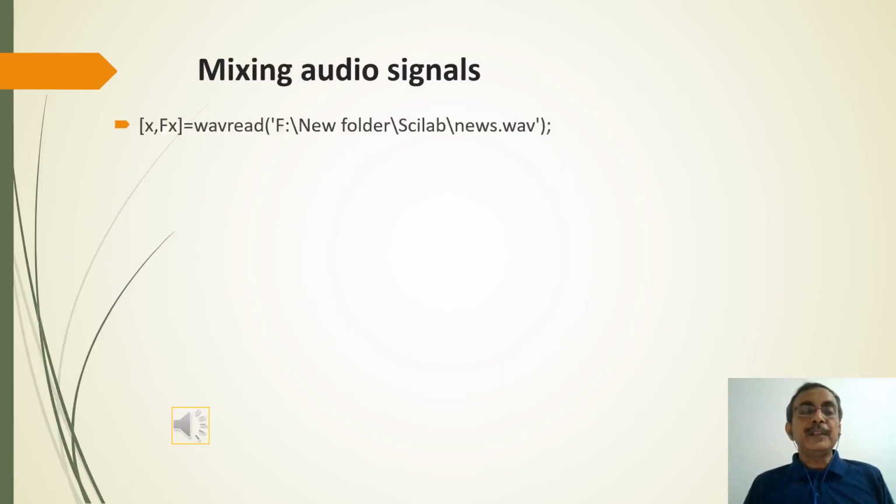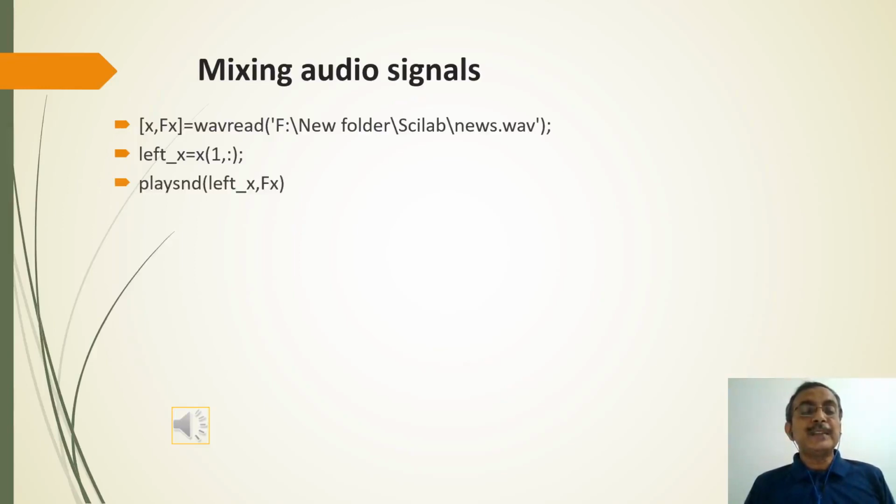If we want to mix two audio signals or more, then we can carry out the process like this. In this example, we are mixing only two audio, but it can be more than two as well. First, we read the wave file and then extract a single channel.